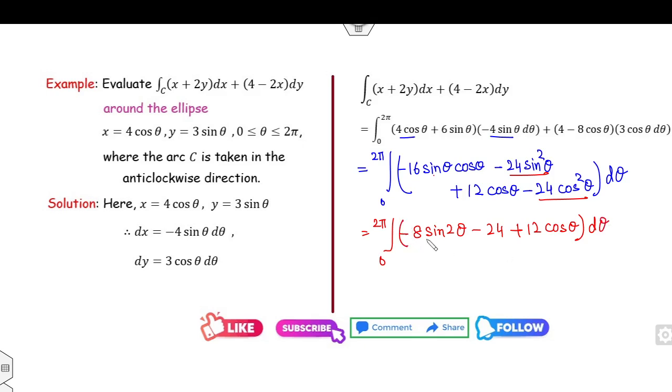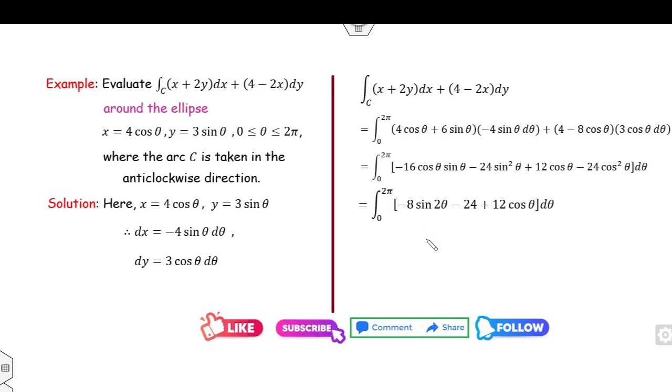Now I think the rest of the part you can do very easily. That's the integration. What is the integration of sine? It's minus cos 2 theta divided by 2 from 0 to 2 pi. The integration of 24 with respect to theta is theta, and the integration of cos is sin theta from 0 to 2 pi.